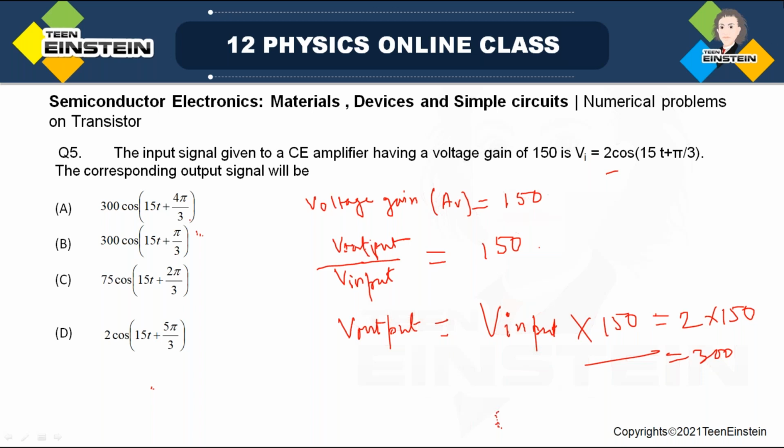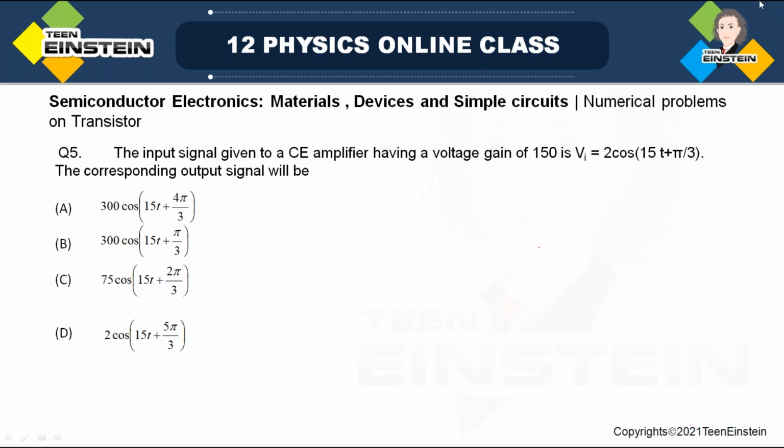Okay, so if I write V O, then the amplitude I have got is 300, then cos of omega t.